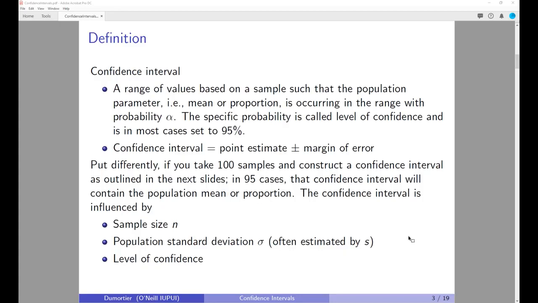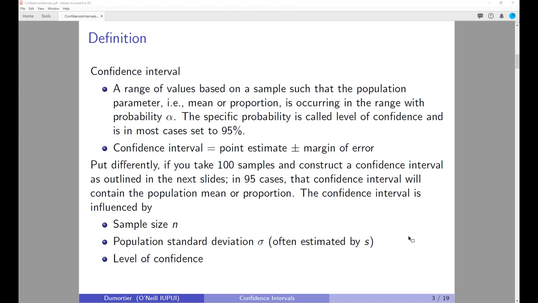And then you construct a confidence interval as outlined in the future slides. In 95% of those cases, the confidence interval will actually contain the true population mean or the true population proportion. Note that the population parameters, i.e. the mean or the proportion, will never be known.